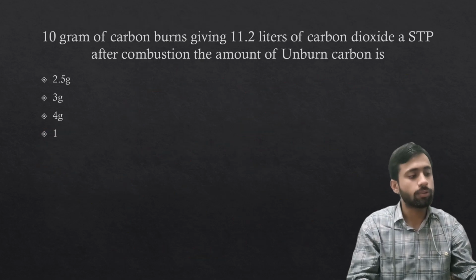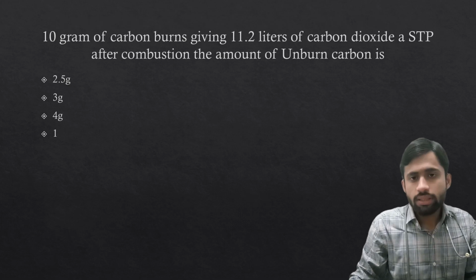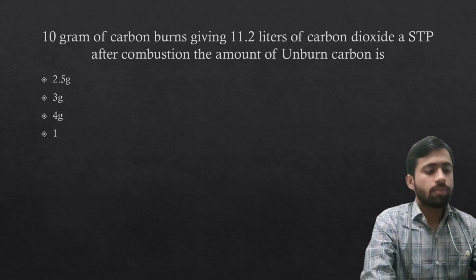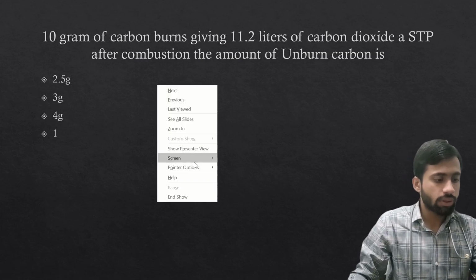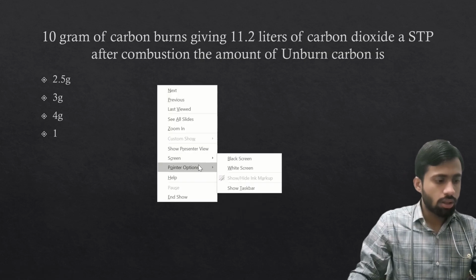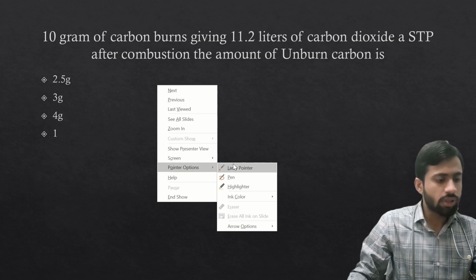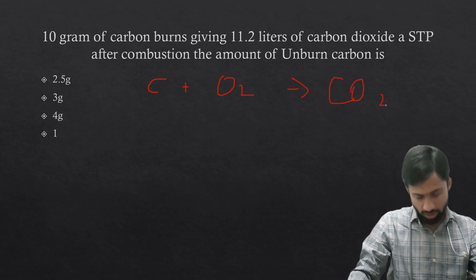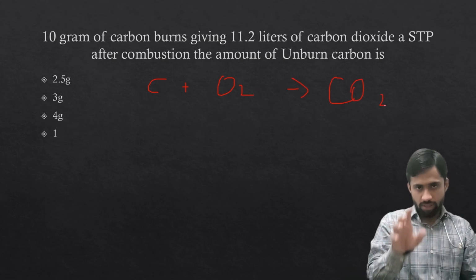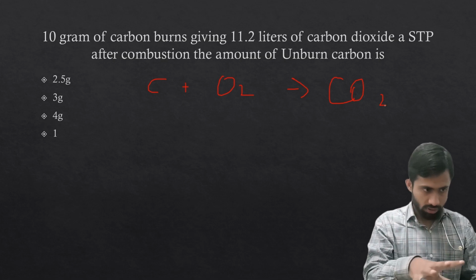Okay, let's move on. Now the next MCQ states that 10 grams of carbon, giving 11.2 liters of carbon dioxide at STP after combustion, the amount of unburned carbon is. So carbon plus oxygen forms carbon dioxide. That is basically combustion. Combustion means burning in the presence of oxygen.